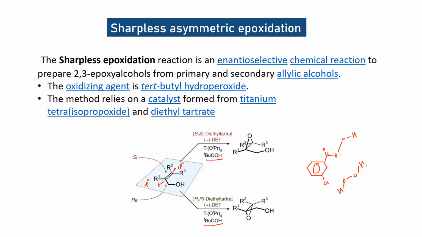Now the stereoselectivity of the reaction is controlled by this diethyl tartrate, from tartaric acid. If it is negative, then we will get one kind of stereochemistry. If it is positive, we will get another kind of stereochemistry.